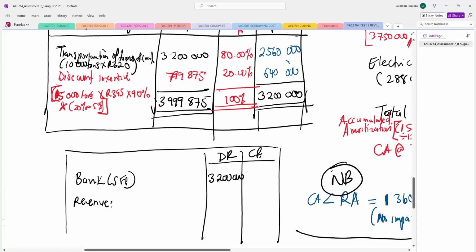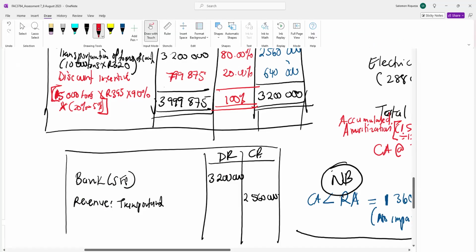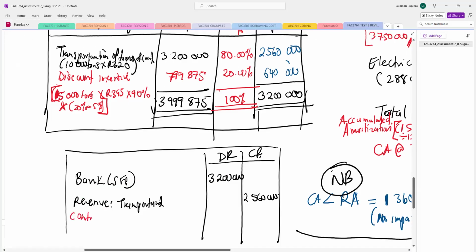So the customer got their product or whatever the case is. So it was complete, like we said. It was for the transportation. The revenue of transportation was completed. So that's the only value I'm going to use as my sales. Then this incentive only comes into work in the third quarter. So for now, this is a contract liability. The 640.